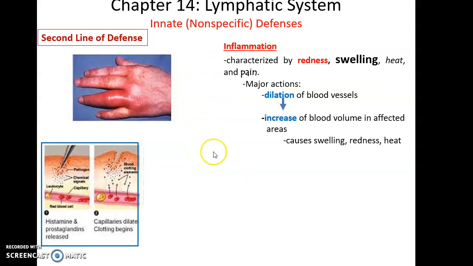Inflammation, again, very important. Inflammation is basically when there is a site of injury or infection. A variety of things will occur. There will be dilation of blood vessels, bringing in more blood, more fluids. This increased blood volume affects the area, causing it to get red, causing it to swell, causing it to get warmer.